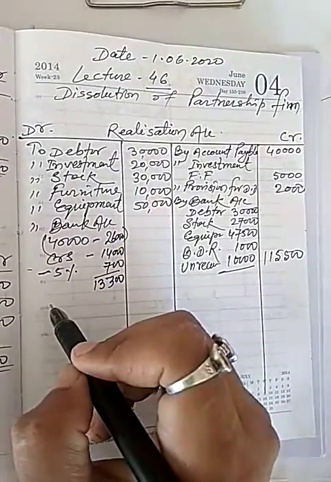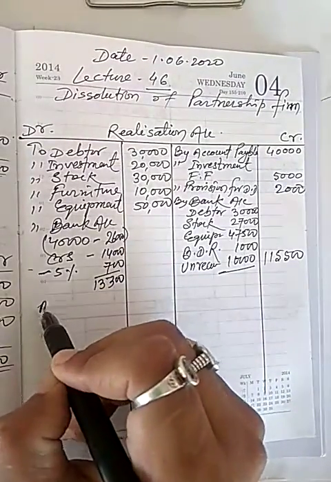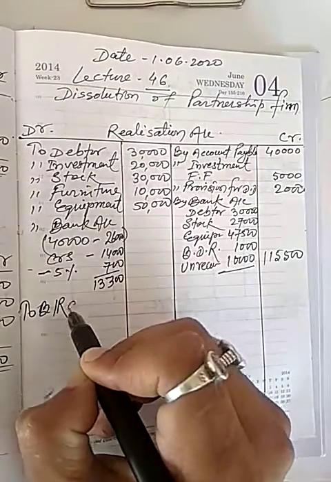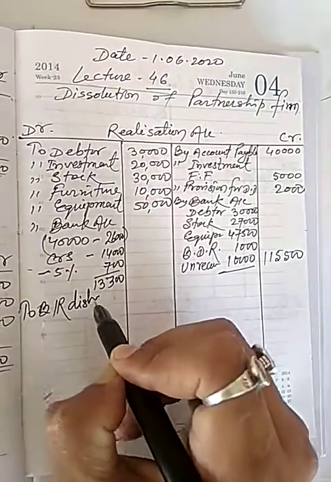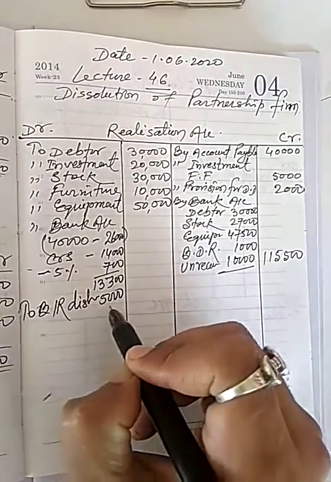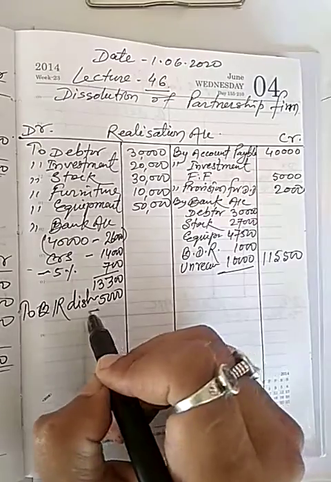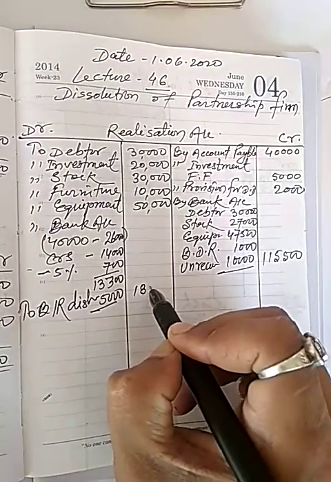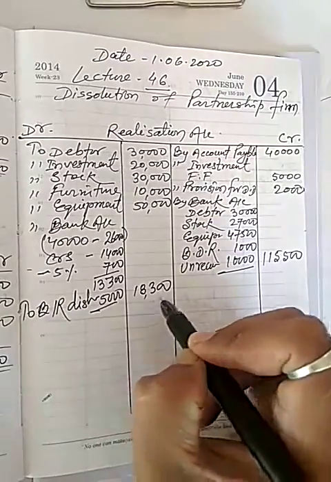And bill receivable dishonor is also given 5,000, we have to pay it, so total will be 18,300.